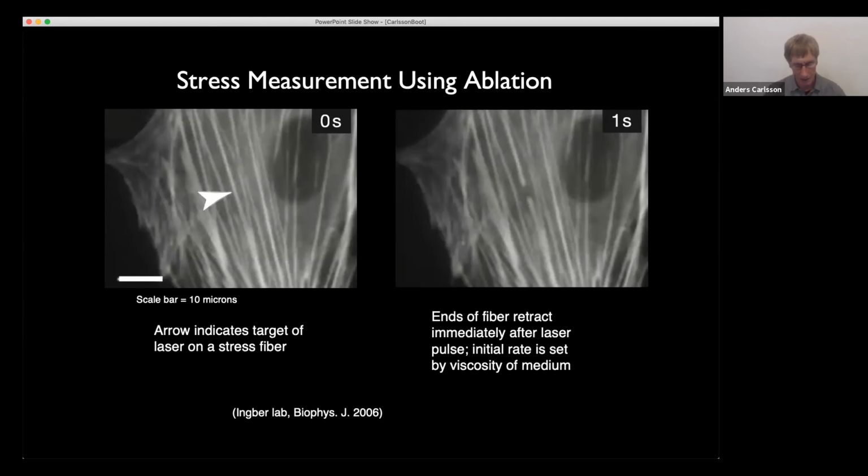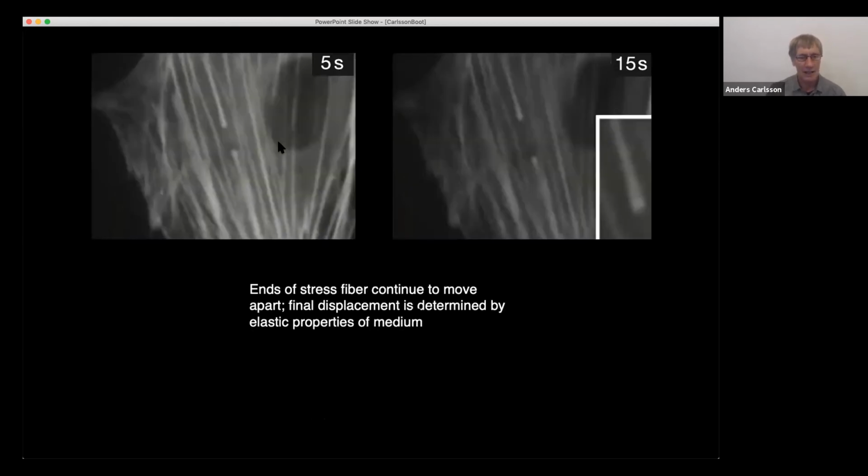If it had been under compression, it would have gone the other way. So we learned something from this, that it was originally under tension, and then it keeps moving farther and farther apart. And so it takes some mechanical modeling, but from this, we can determine the final displacement, and also, if we know the viscosity of the medium, we can also get some idea of what that initial tensile stress was.